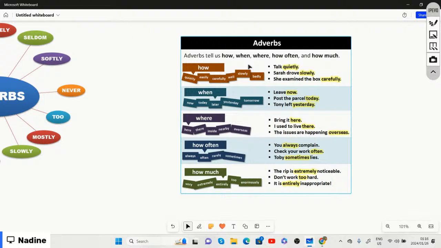Remember we said adverbs that tell us how end in ly.